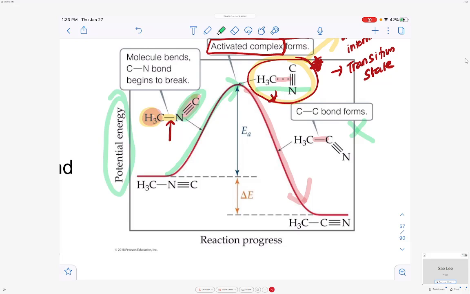And then the x-axis is the progression of the reaction. And as you can see from the diagram, the product is at a lower energy state than the reactant.